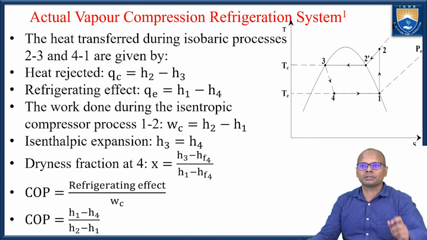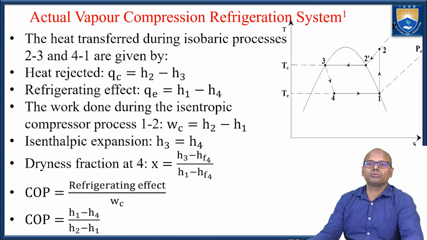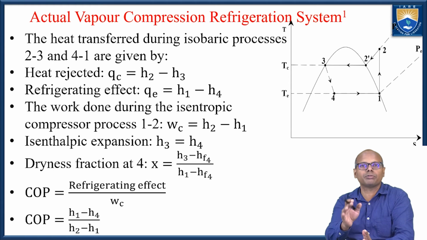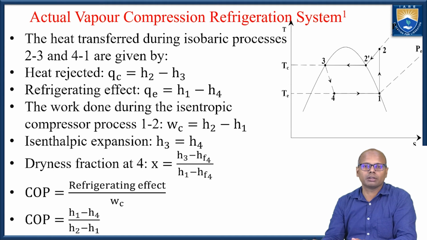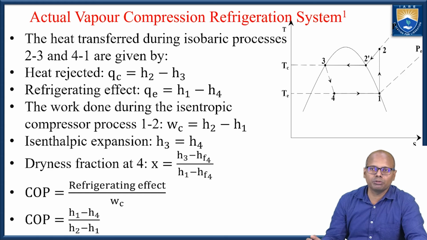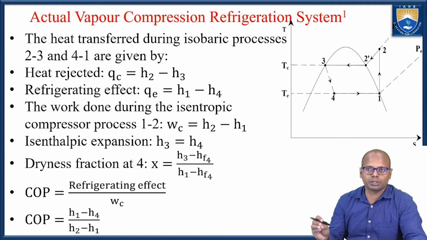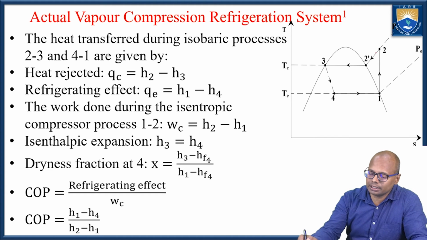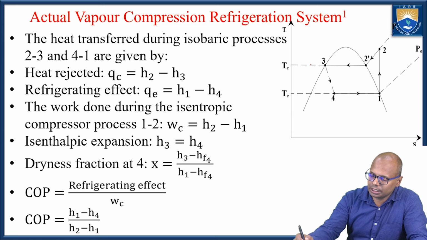Now we have discussed the working of the actual vapor compression refrigeration system. Now we will try to analyze the actual vapor compression refrigeration system. As in the case of the previous one, in the condenser the temperature is getting reduced, and the enthalpy is getting reduced from 2 to 3.